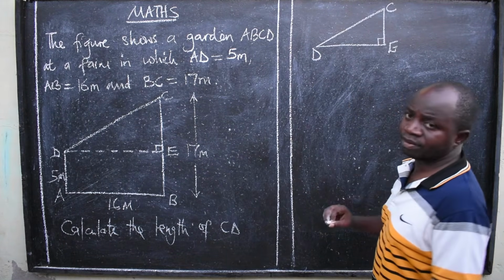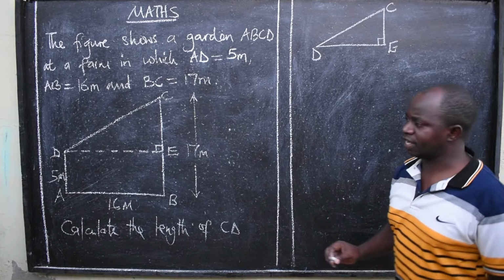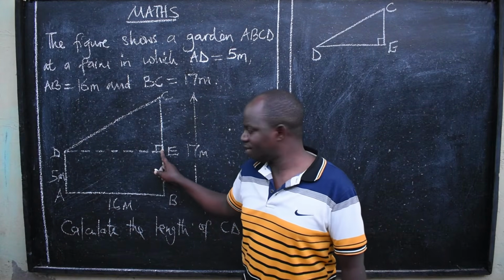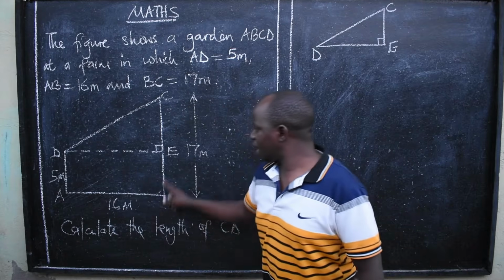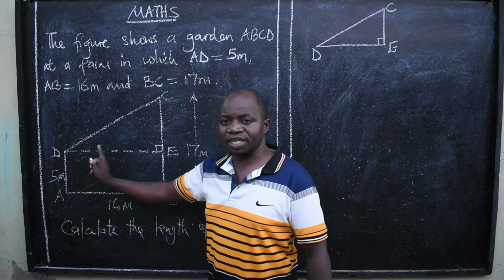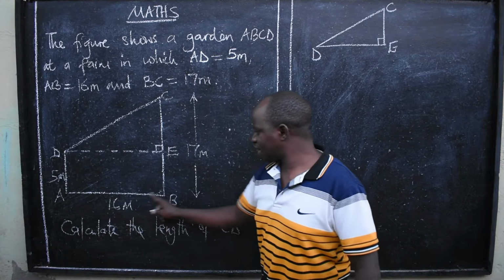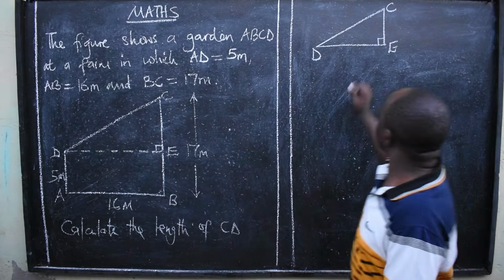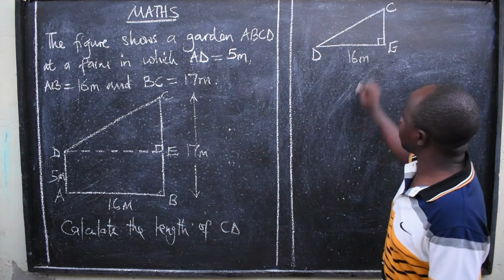Then I need to put the figures there. From this end to this end, what is the length? You can see that the base that we have here is a rectangle. So this length is 16 meters. It means even this is 16 meters here.